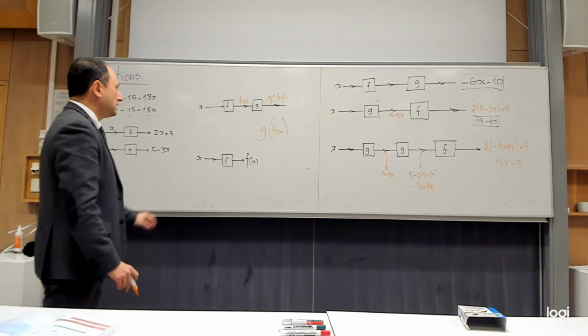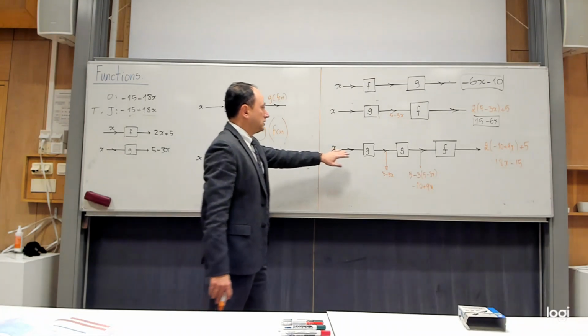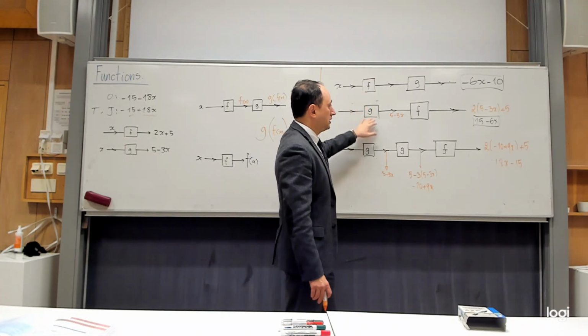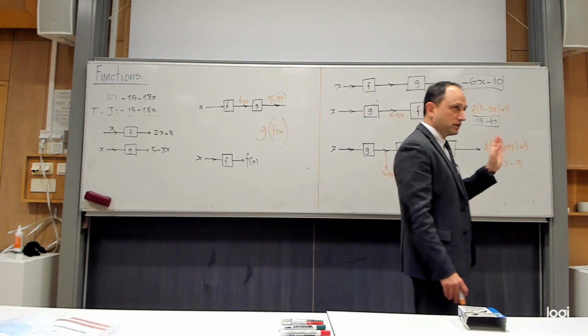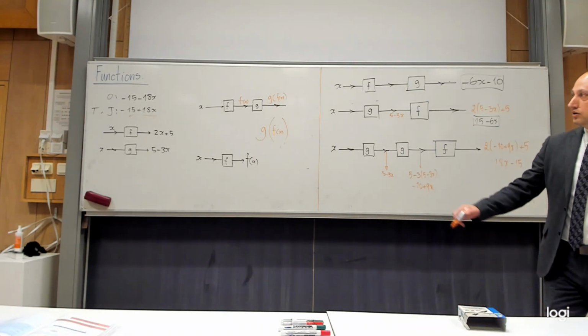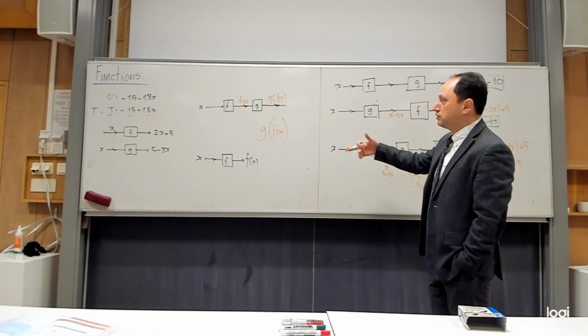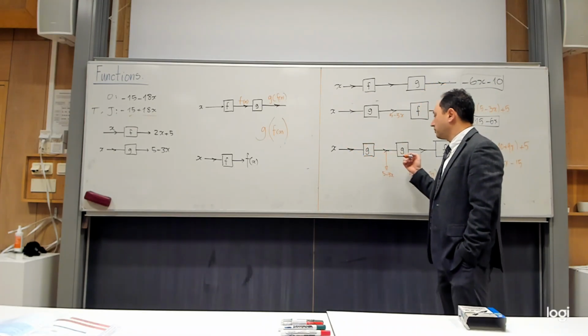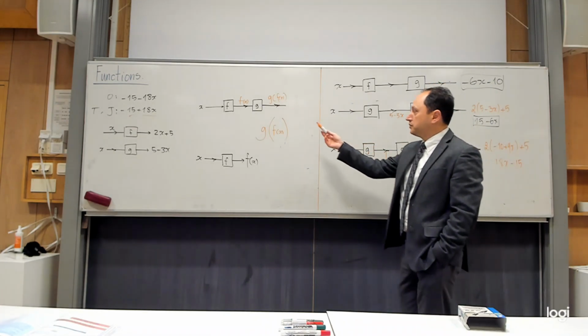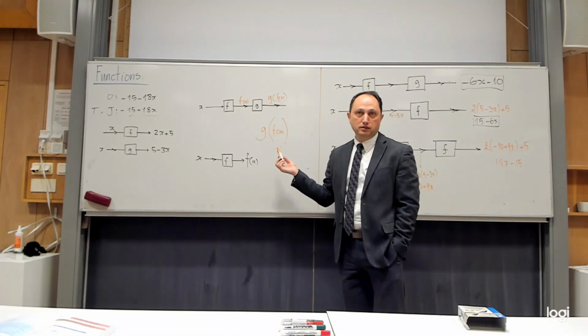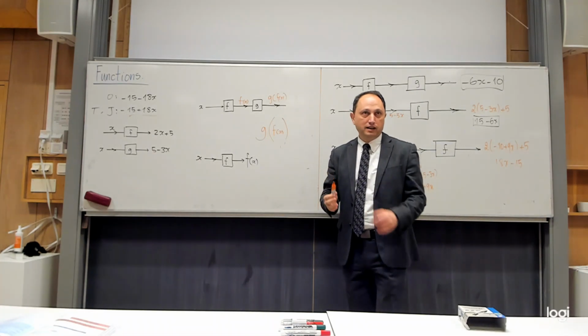Okay. So these diagrams are a very good way to learn functions, but this is not in the book at all. Every now and then, to illuminate something, I will come back to the diagram. But in principle, we should stick to the mathematical notation, which is more compact and easier to do.